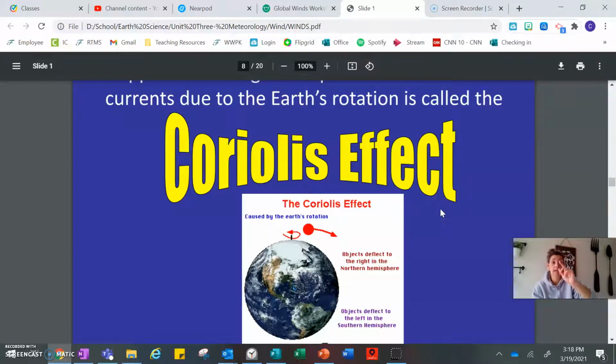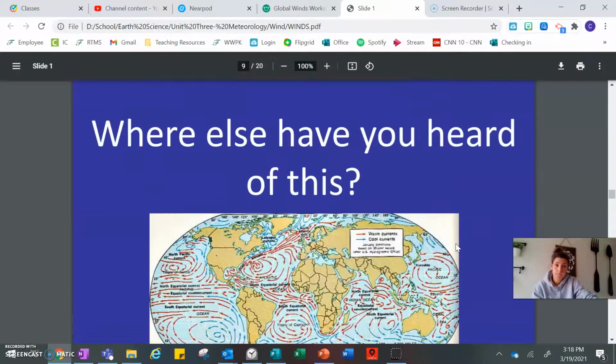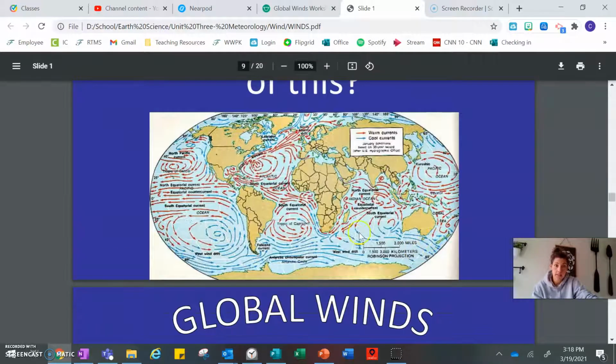The globe was spinning and I tried to draw from pole to equator and it wouldn't let me do it in a straight line. There are our currents like we talked about. In the northern hemisphere, they're moving clockwise, and in the southern hemisphere, they're moving opposite, counterclockwise.